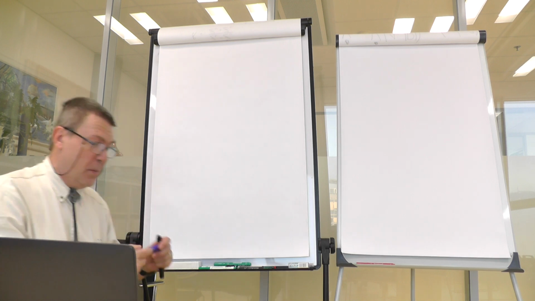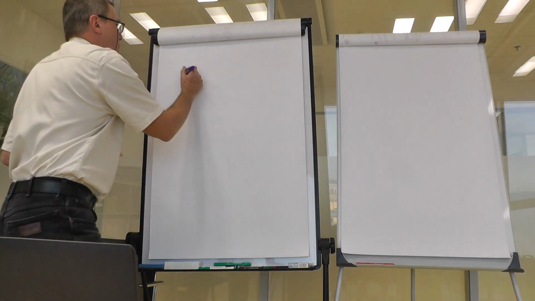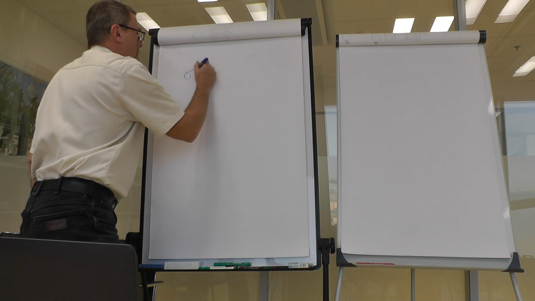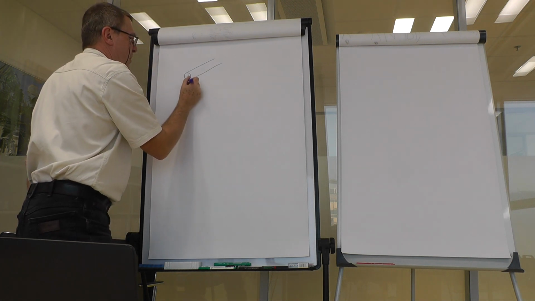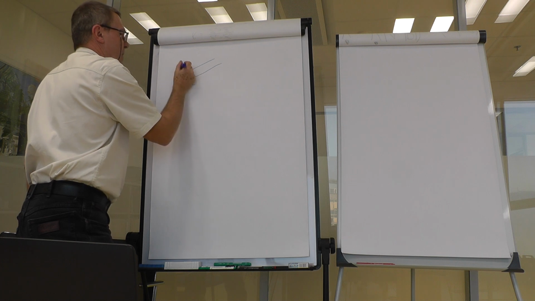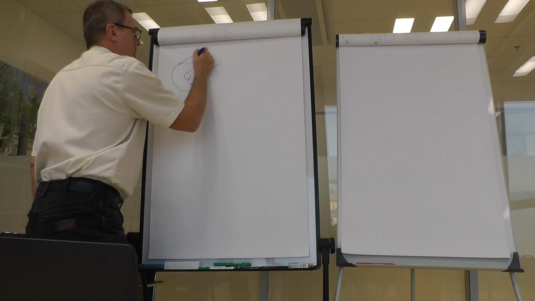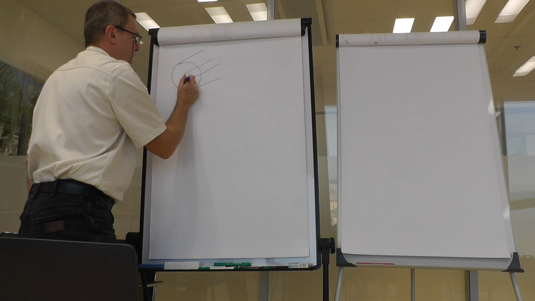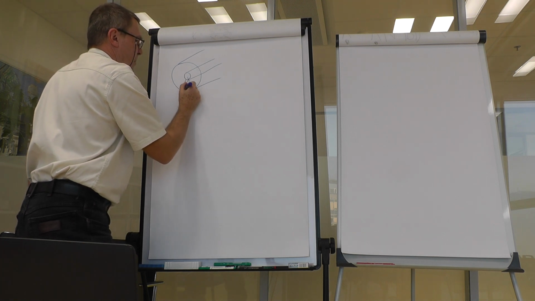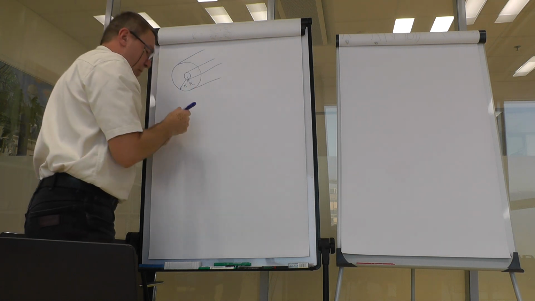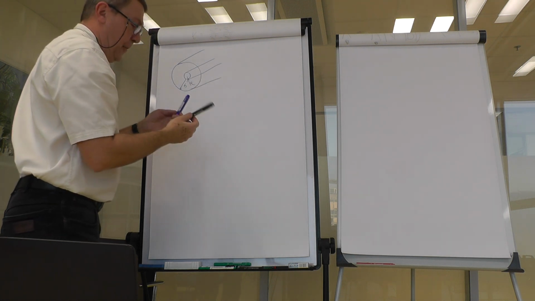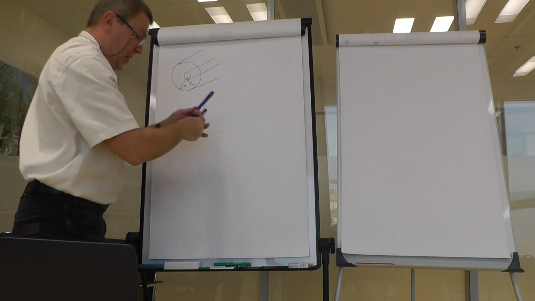Now we should possibly look at the cable a little bit. So we have a cable which has a small conductor inside with the radius of A, and we have the other one which has the radius of B. And now if we draw the electric field strength, I will just draw the cross section.